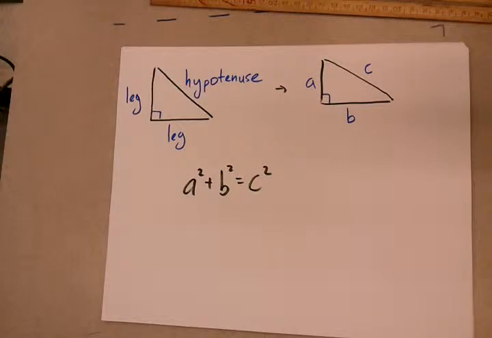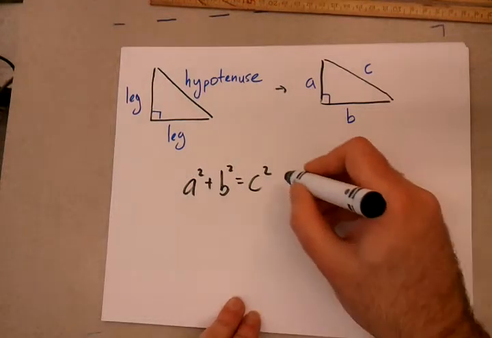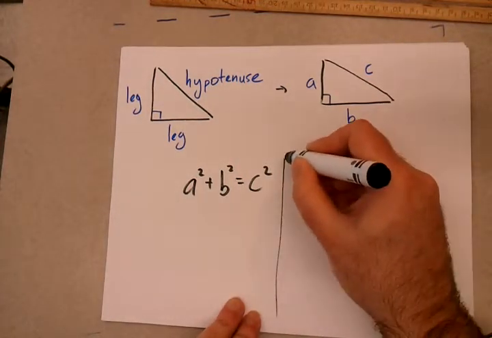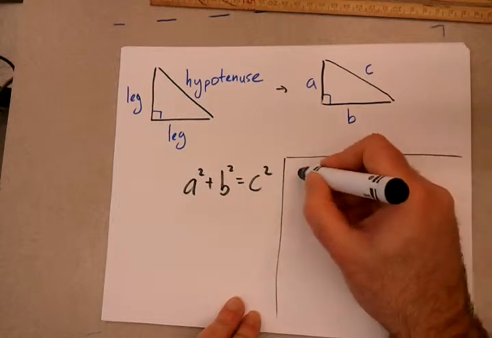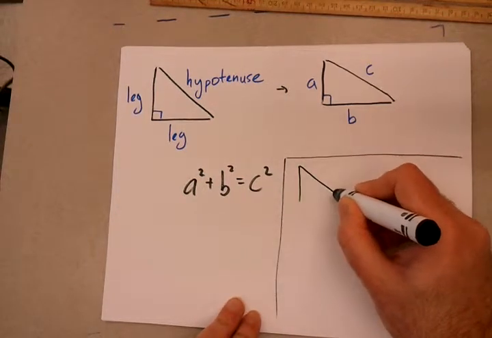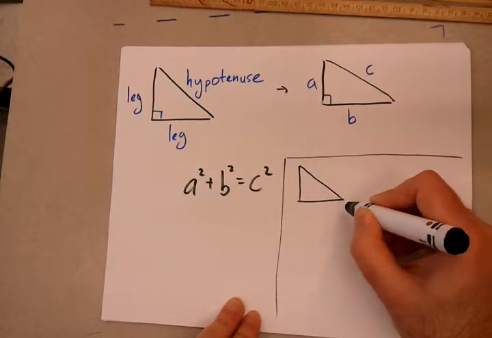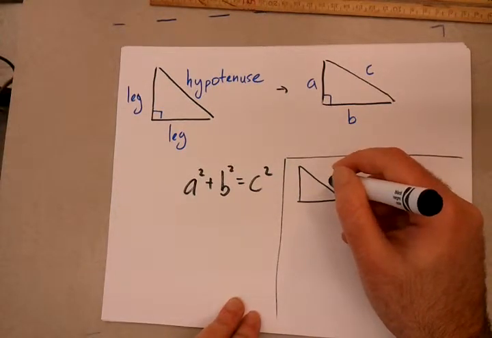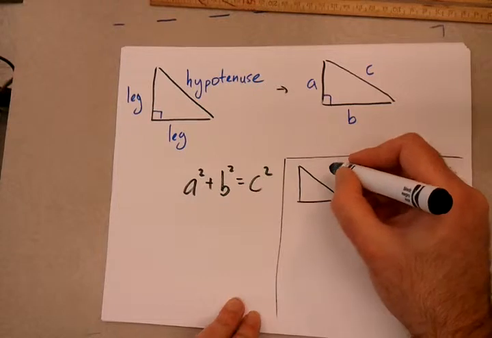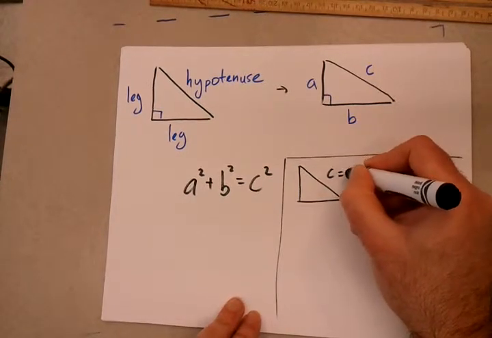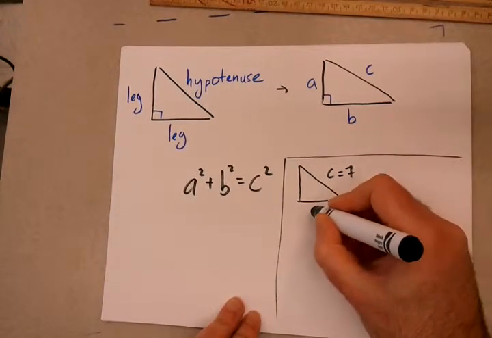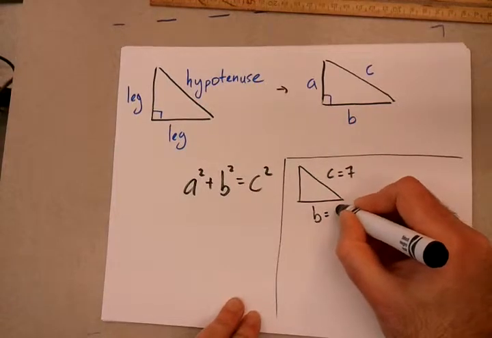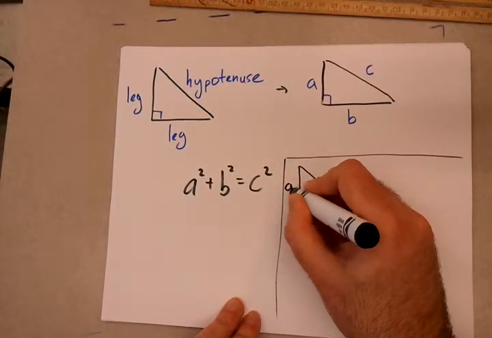So now let's do an example. Let's say I gave you this particular triangle over here. And I told you that C equals 7, B equals 6, and A is unknown.